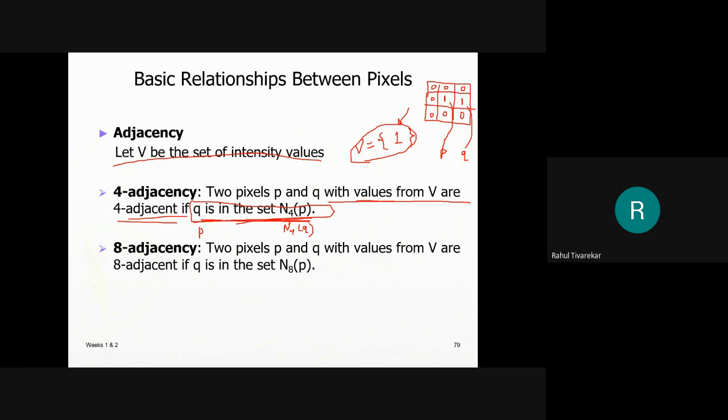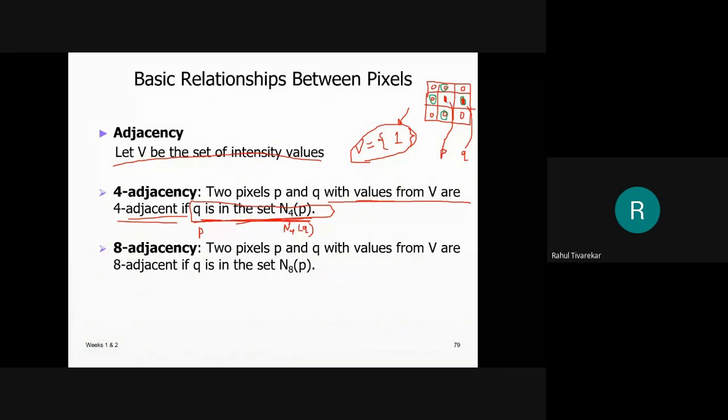So now you can see here this pixel and this pixel, are they 4 neighbors of each other? What are the 4 neighbors of the center pixel? Let me change the color of the pen and show you. What are the 4 neighbors of the center pixel? This, this, this, and this.